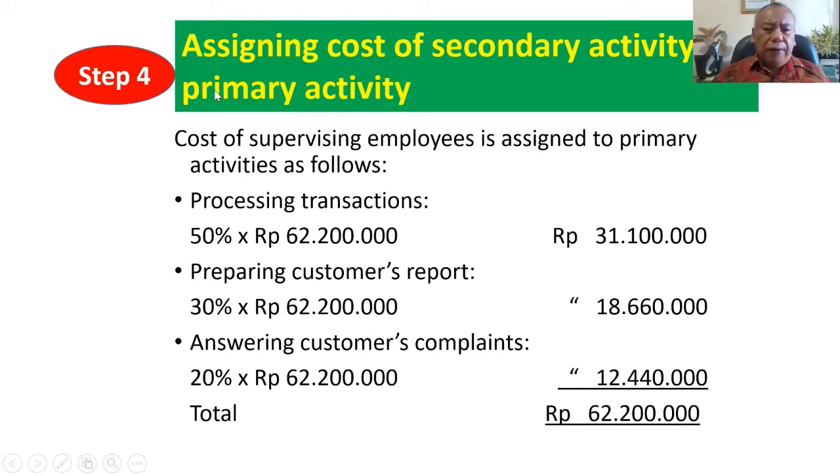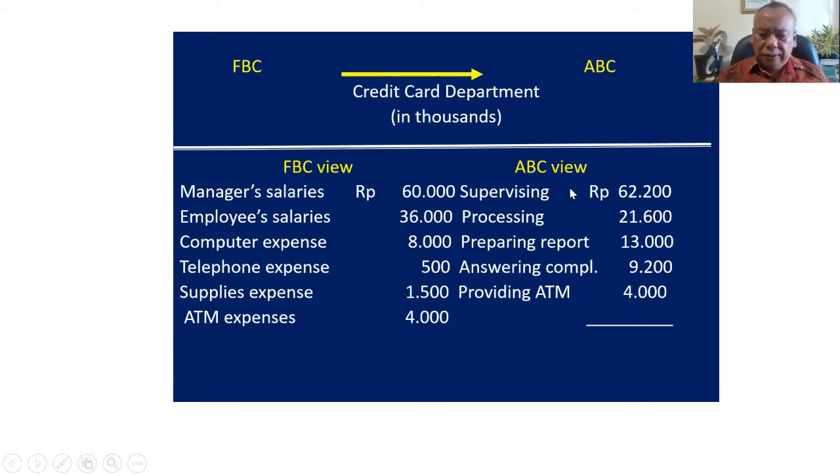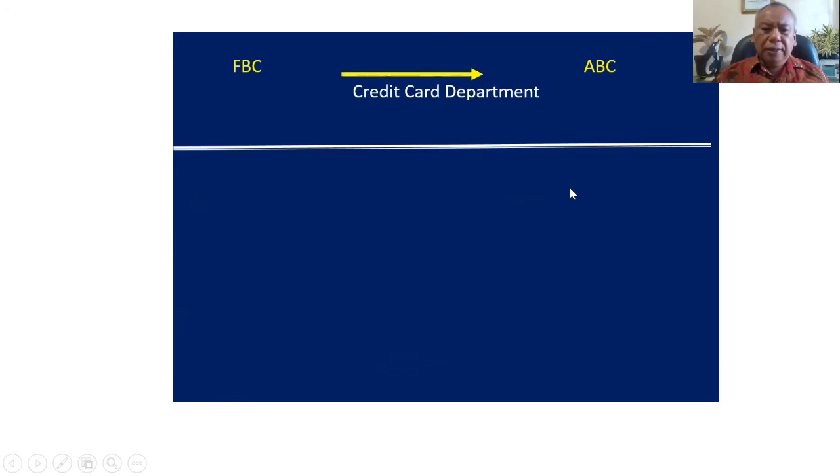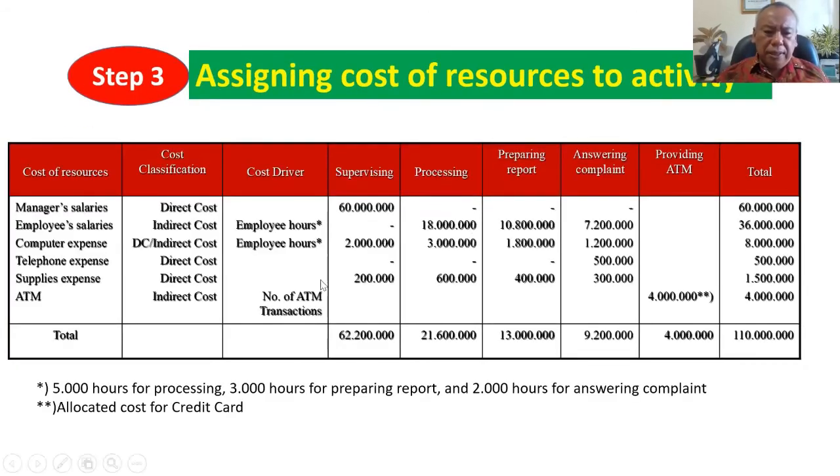Step 4, assigning costs of secondary activity to primary activity. In this case, the supervising activity is the secondary activity.